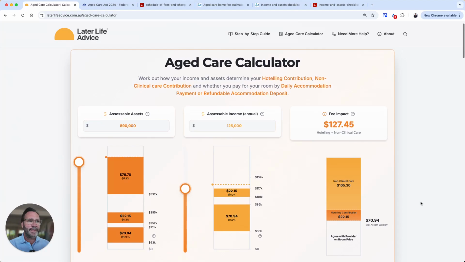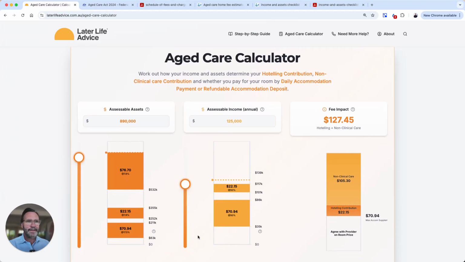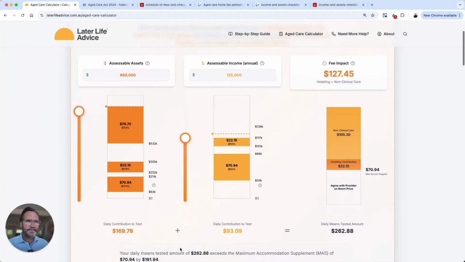And what is very unusual about this test is that depending on your assessable assets or income, the test kind of kicks in at a different percentage rate to generate an amount that contributes to a test. You have a contribution based on your assets and a contribution based on income. Then it's put together to see if it's over a certain threshold, which determines then what you pay.